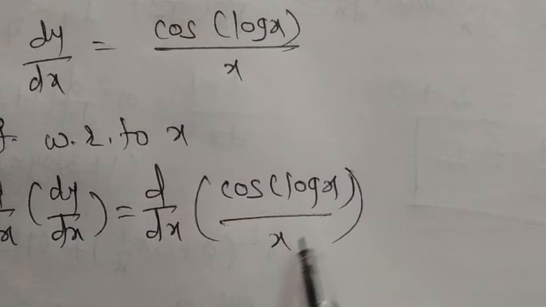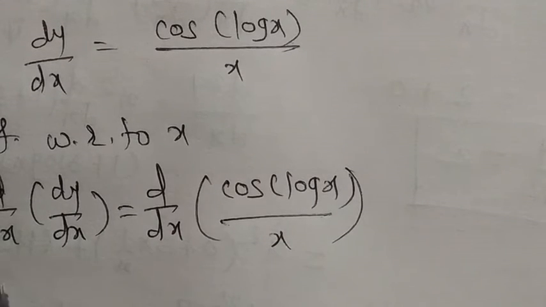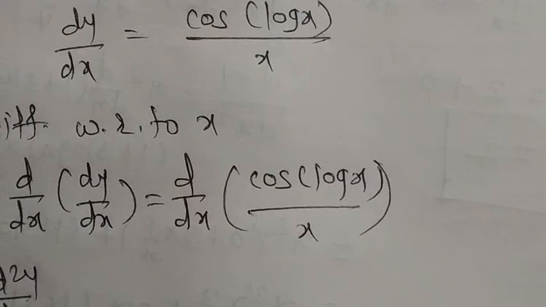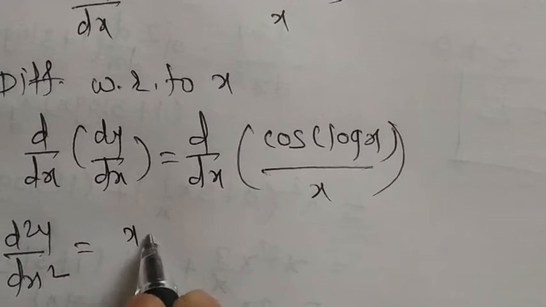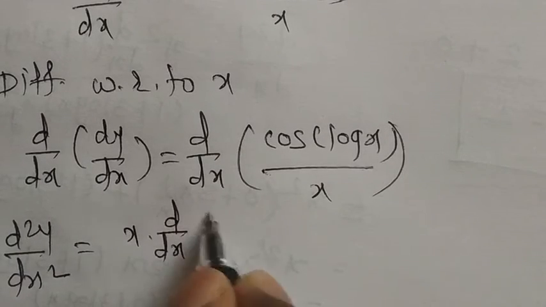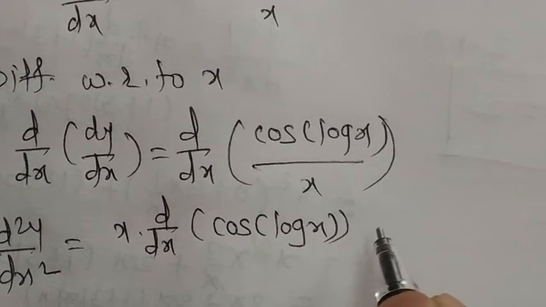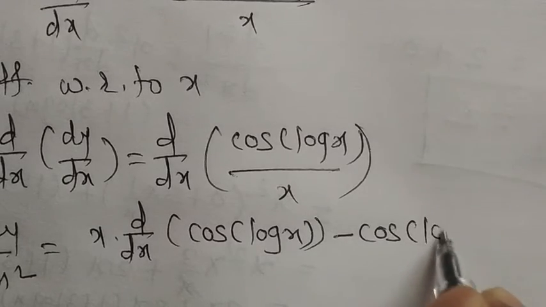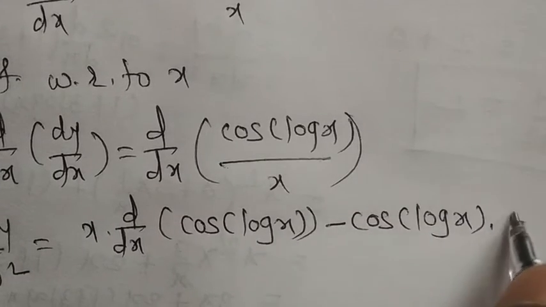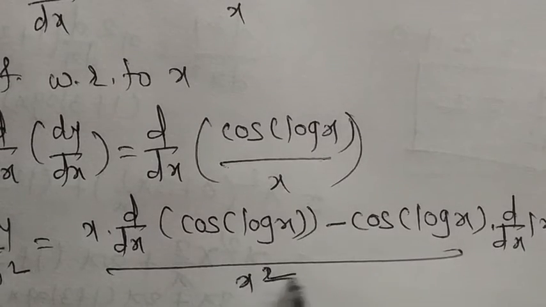If there is a numerator upon denominator in the derivative, we take the denominator first. So d2y by dx square equals denominator times the derivative of numerator cos of log of x, minus numerator cos of log of x times the derivative of denominator, upon denominator square. This is the formula.